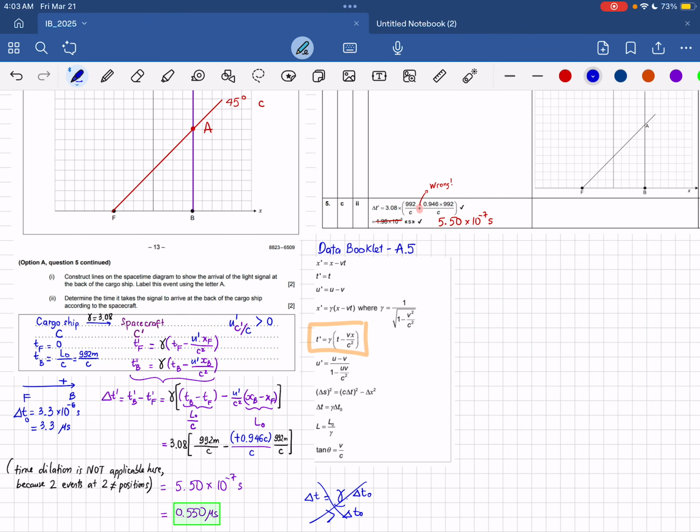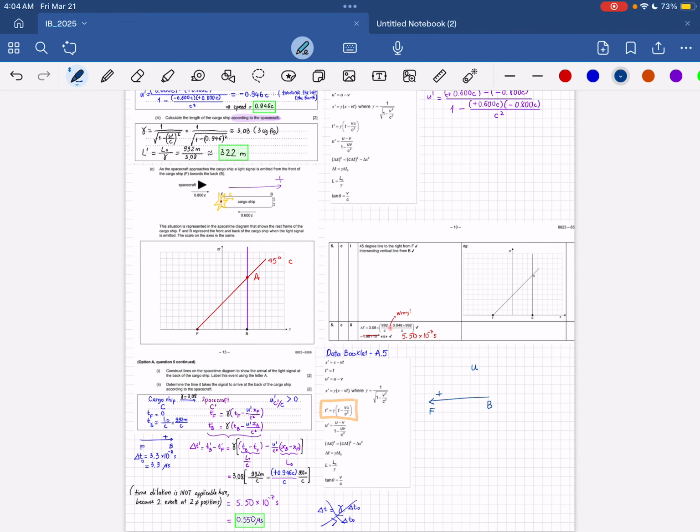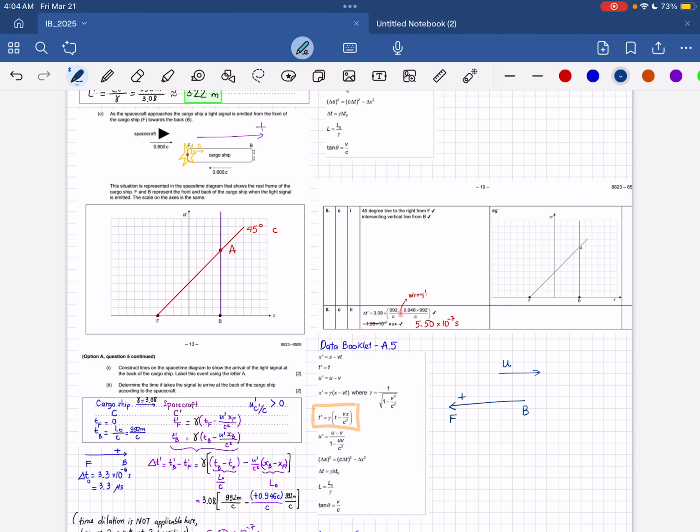Another way to look at this one is when you assume the positive direction in this direction instead, like from the back to the front, then you can also see that because the v is in this direction, the velocity of the spacecraft relative to the cargo ship will be negative, okay?